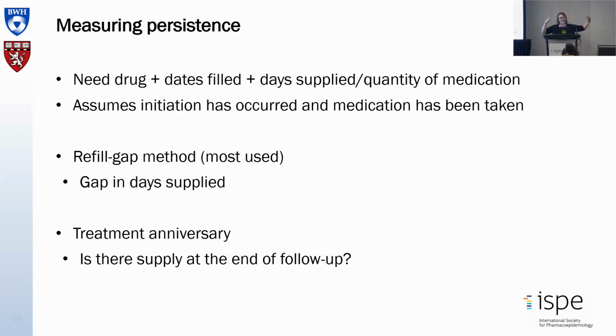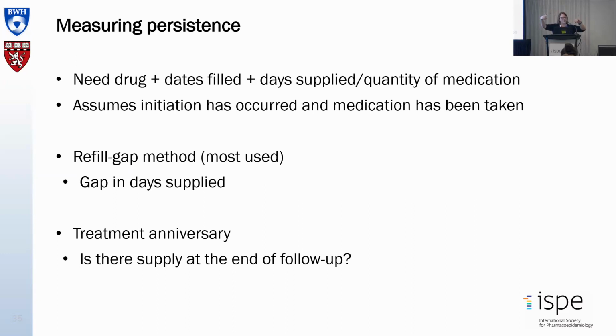We typically have two methods to see whether patients continue to take the drug or not. There's the refill gap method, or gap in day supply, which is going to sound similar to the as treated approach I just talked about, where you're censoring people for comparative effectiveness studies after they stop taking the drug.